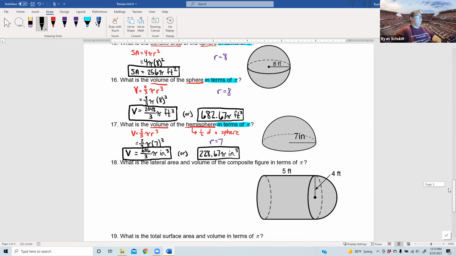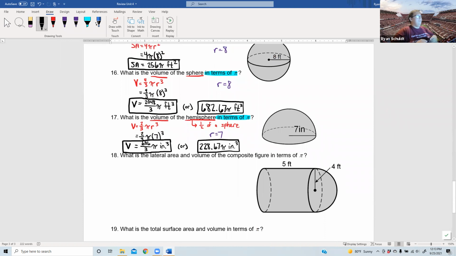There's that one. 18. What's the lateral area and volume of the composite figure in terms of pi? Okay, so I have to get the lateral area and volume of the composite figure in terms of pi.